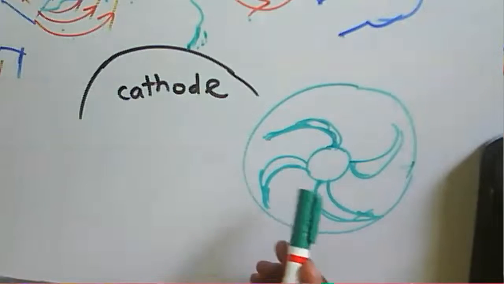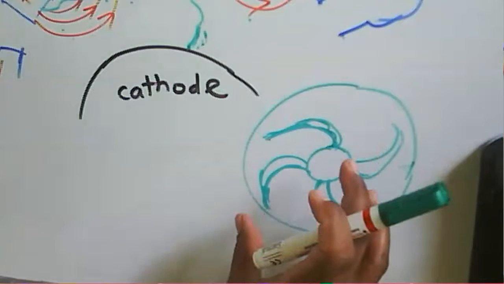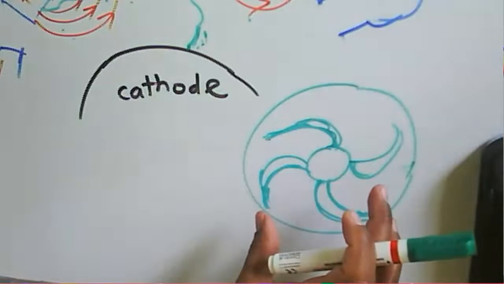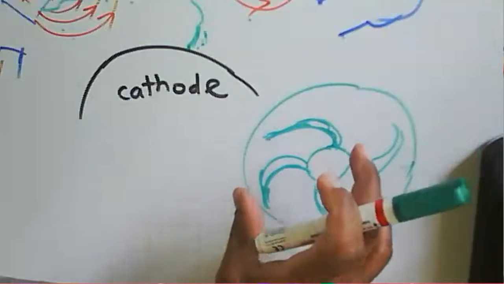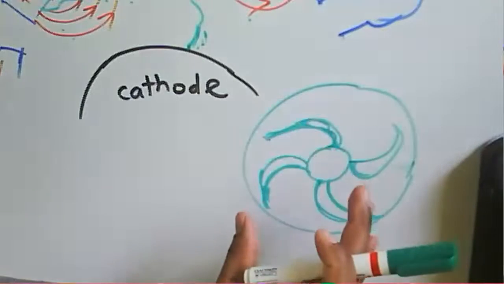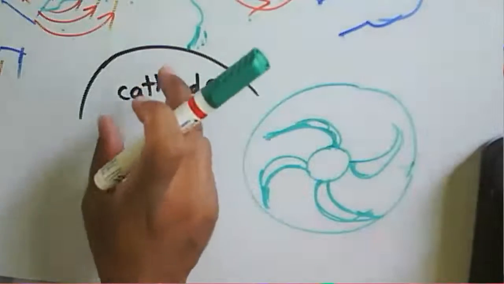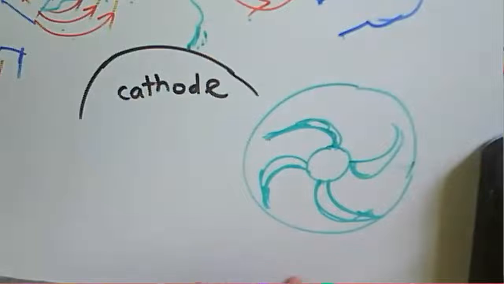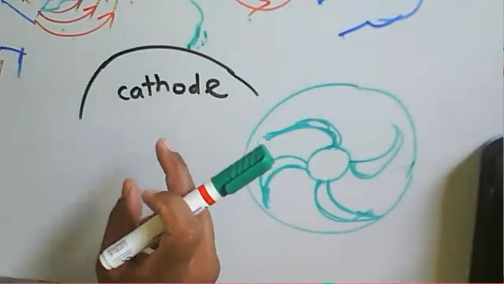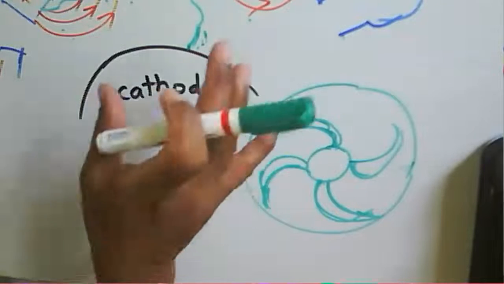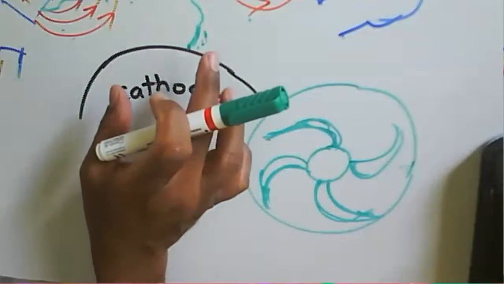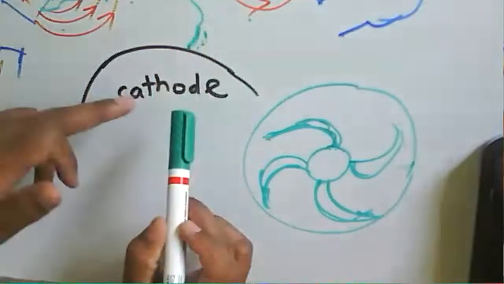This spoke-like structure occurs when a large number of electrons are emitted from the cathode because of the high DC voltage we apply. So the motion of the electron would be straight.